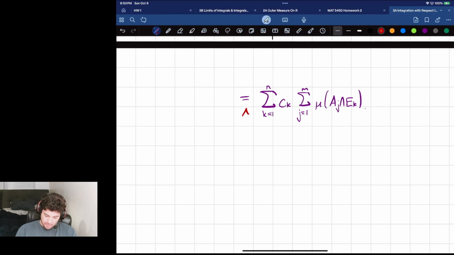We can either sum over j or sum over k for the measure because the sums are finite.